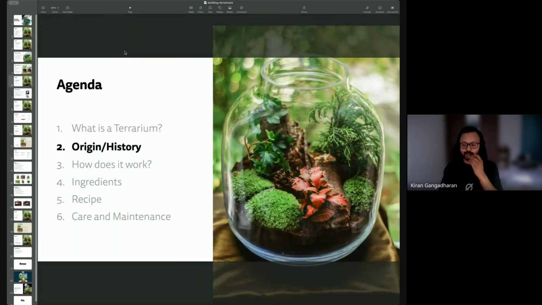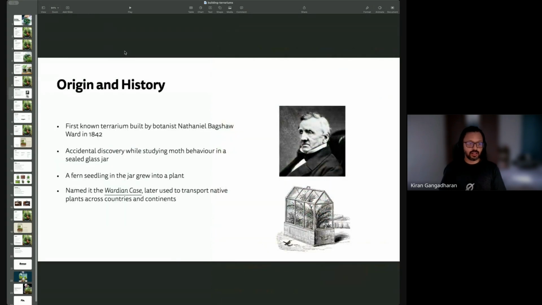So, some origin history of this. The first known terrarium was built by the physician and botanist Nathaniel Bagshaw Ward. This is one of those cases where it was actually invented or discovered by someone else, but it wasn't popularized by that person. And then at a different time, this person accidentally stumbled upon the concept of a terrarium.